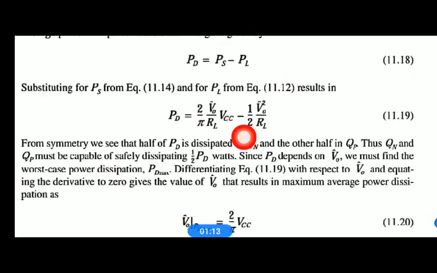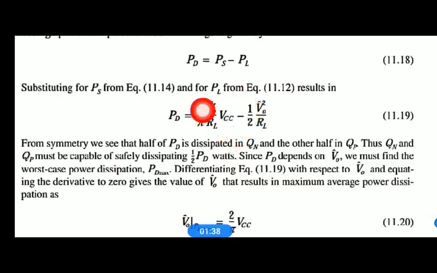So to calculate the maximum power dissipation, we need to differentiate this equation with respect to V0 and equate that derivative to 0, right? Equating that derivative to 0 means equate this to 0 and then differentiate this with respect to V0.